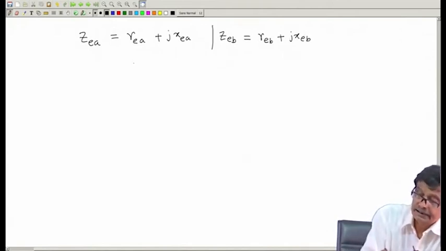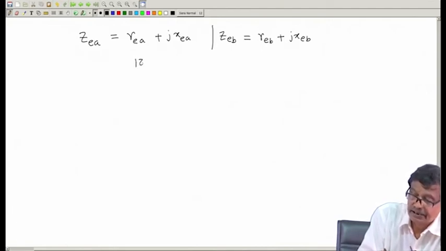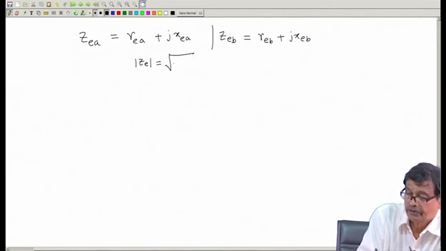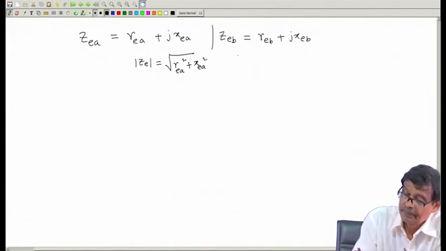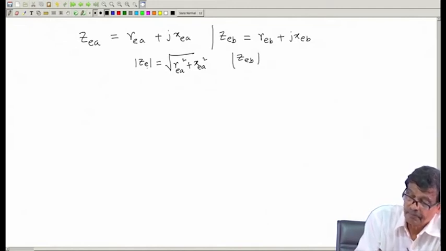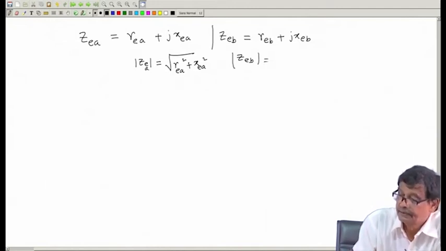The magnitude of ZEA is equal to root over REA square plus XEA square, and the magnitude of ZEB is equal to root over REB square plus XEB square.